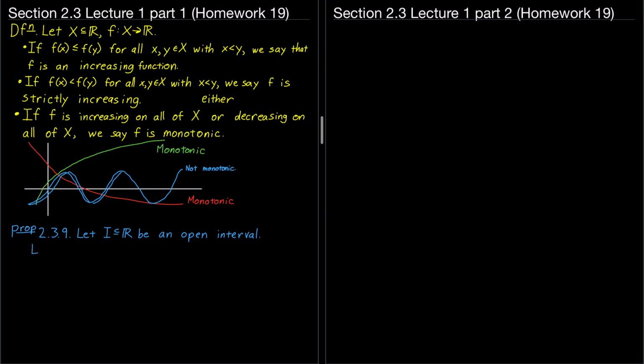And we're going to let f be a function whose domain is our interval I. And we're going to say f is continuous, which is why I think this proposition belongs in section 1.7, and also strictly monotonic.